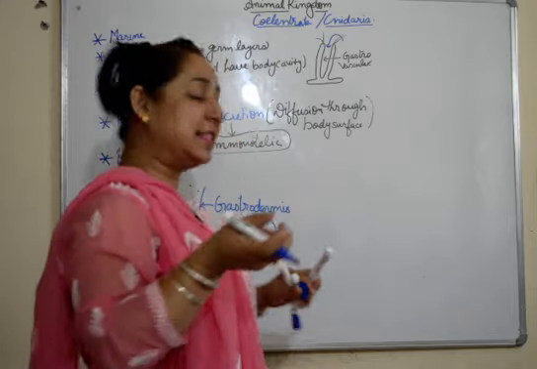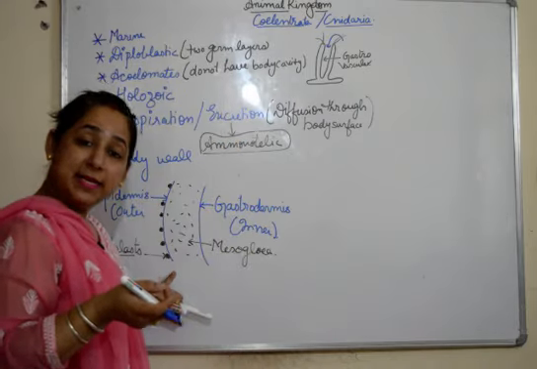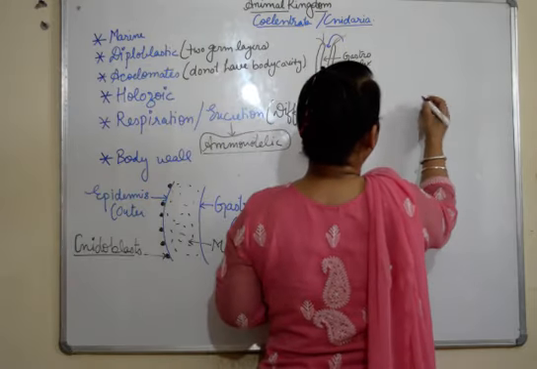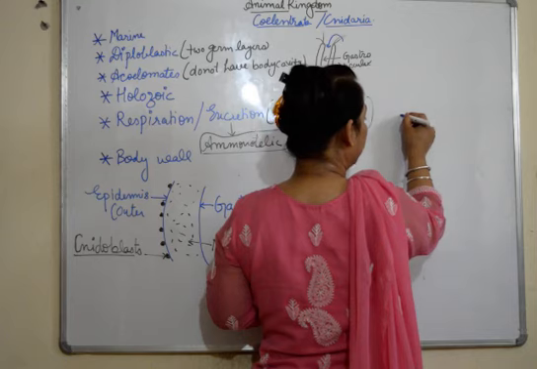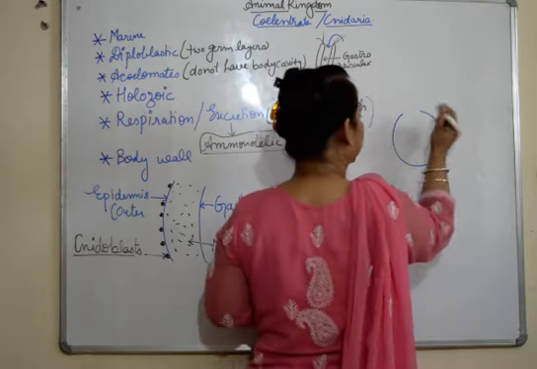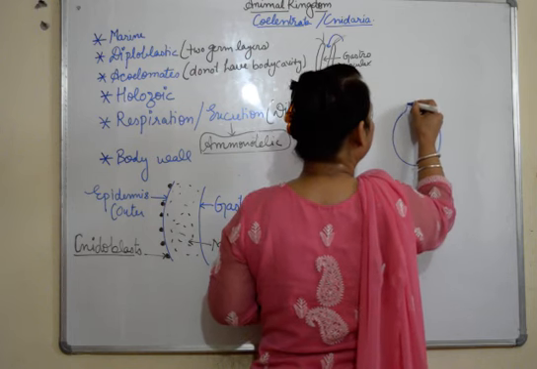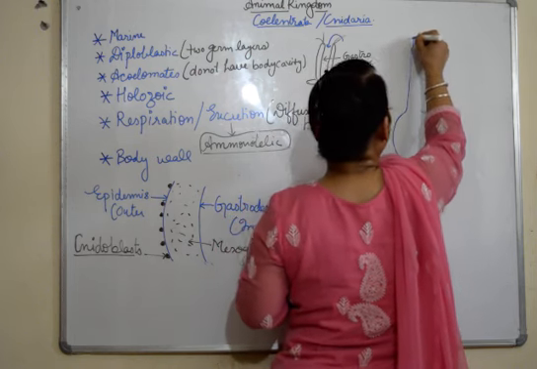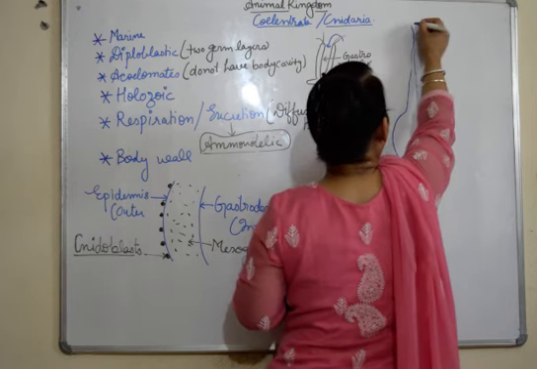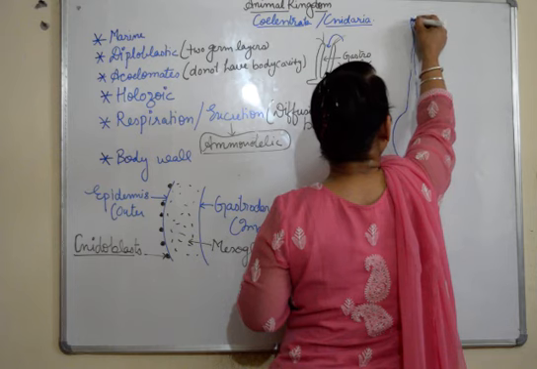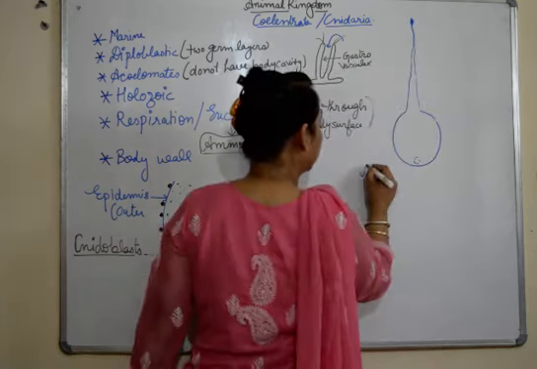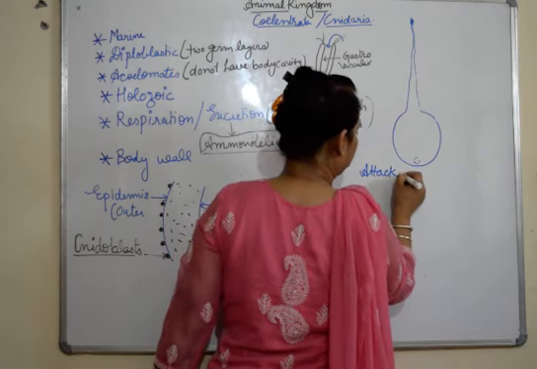One is its resting stage, the original stage in which it's present, and the other one is the attacking stage. We'll draw both. I'll draw the attacking phase first so that you come to know how it comes to the resting stage. It has this thread-like structure here and a pointed stinging cell present here. So this is the attacking cnidoblast.